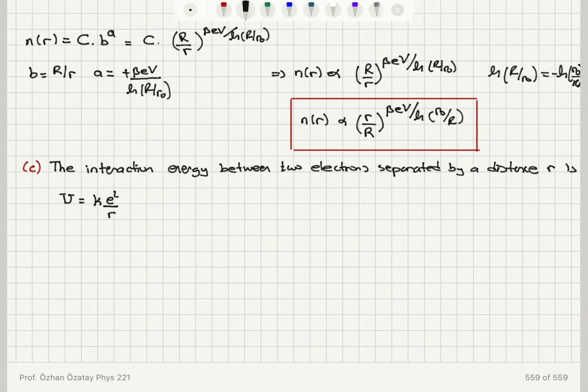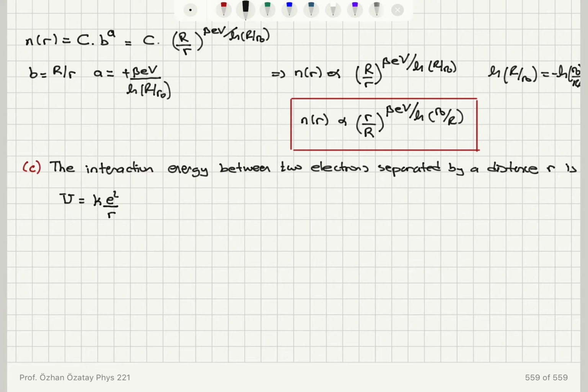So there is the potential created by one electron at distance r. The other electron sees this potential and has this potential energy, K e squared over r. The force is K e squared over r squared, but the potential energy is K e squared over r.